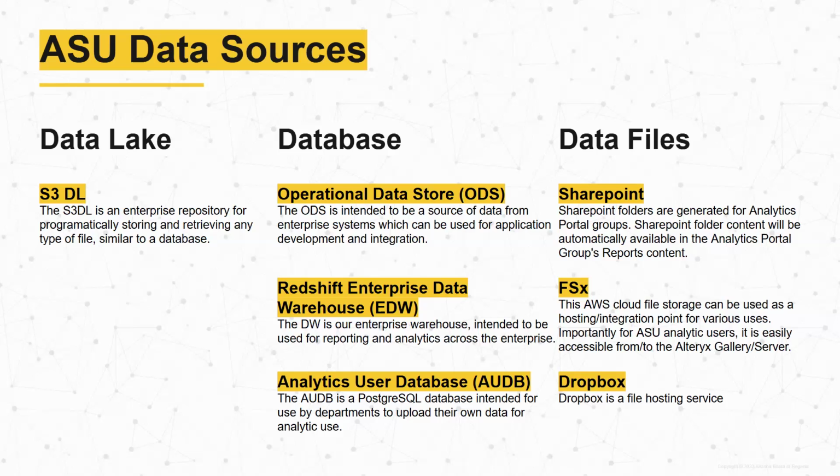This is a Postgres database intended for departmental use for using their own data. Next, we have data files. So SharePoint, that's what's having your Excel files. FSX is also a different file storage opportunity. And lastly, Dropbox. All of those are very simple storage opportunities for our data files.